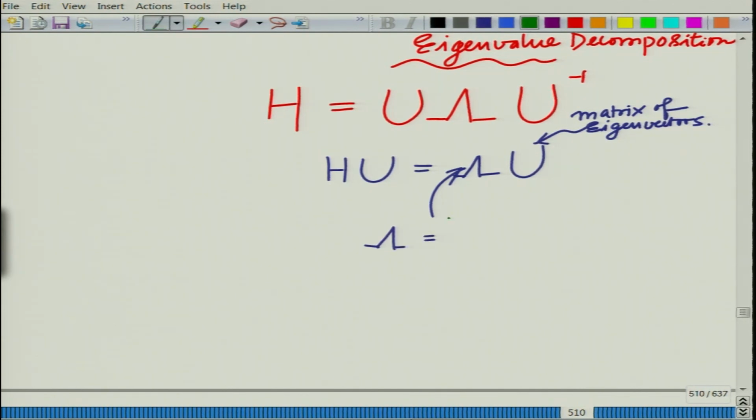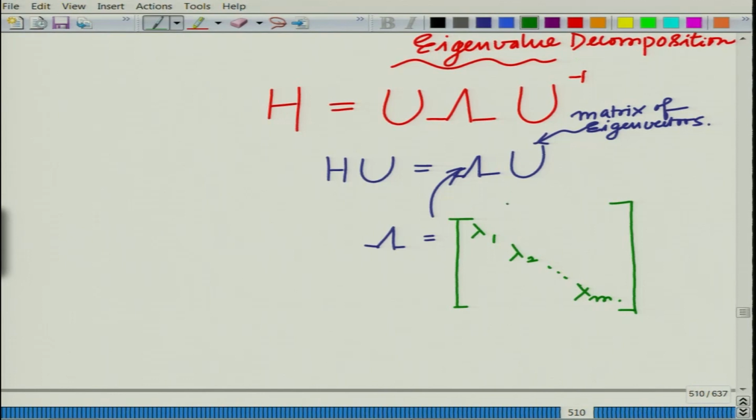Lambda equals lambda 1, lambda 2, and so on up to lambda m, if this is an m cross m matrix.